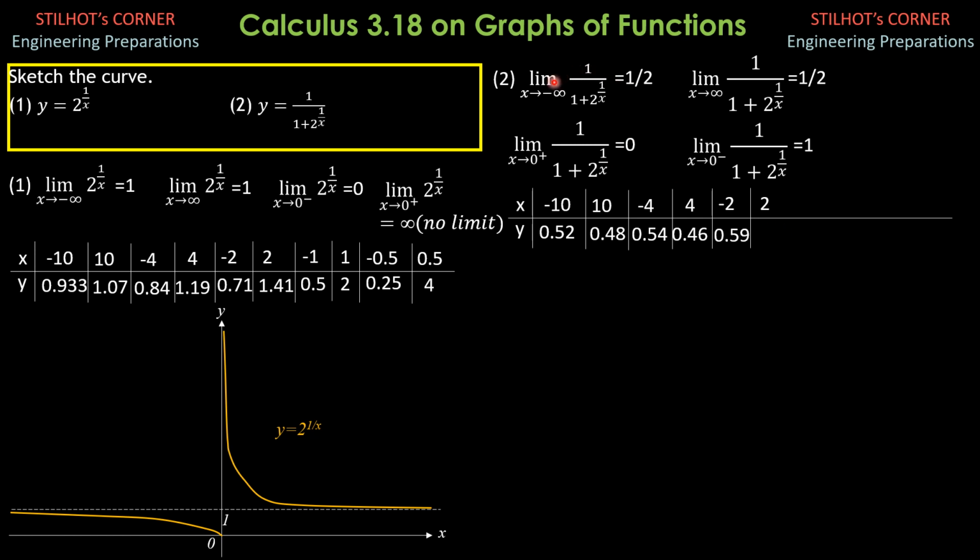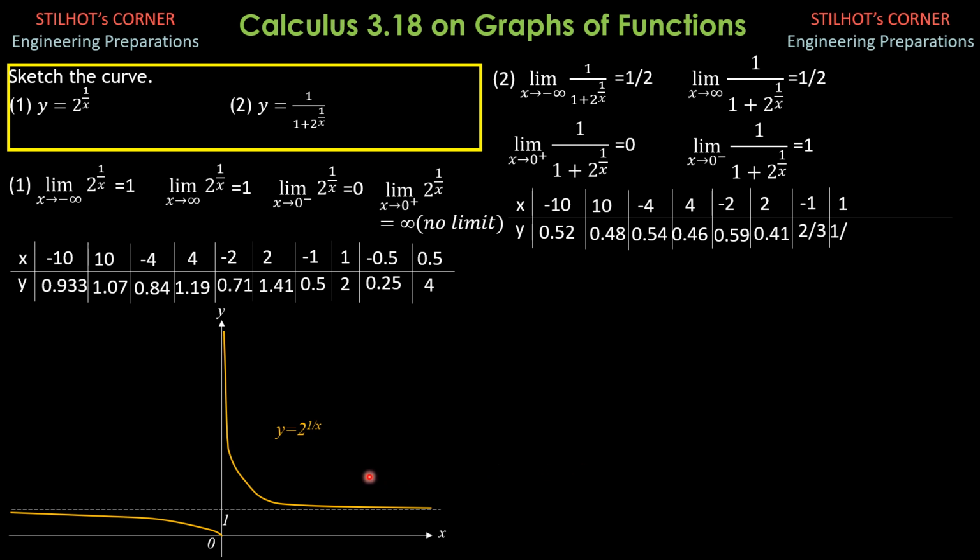And take note of these values of limits. So we have y equals 1 half as horizontal asymptote. Then when x approaches 0 from the left, the limit is 1, so it's 1 here. And when x is negative, it's above 1 half, so it should look like this, the graph.